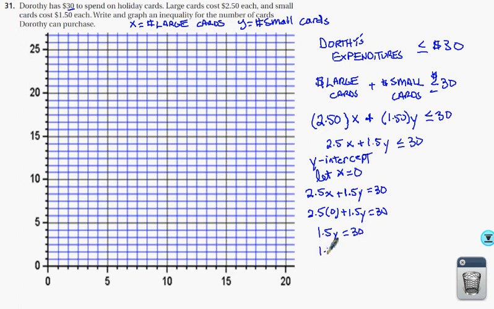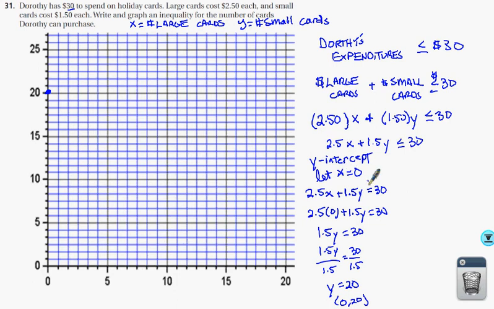If I divide both sides by 1.5, we wind up with y being equal to 20. So my y-intercept is going to be the coordinate 0, 20. So I would find that point on my y-axis and I would fill that in.